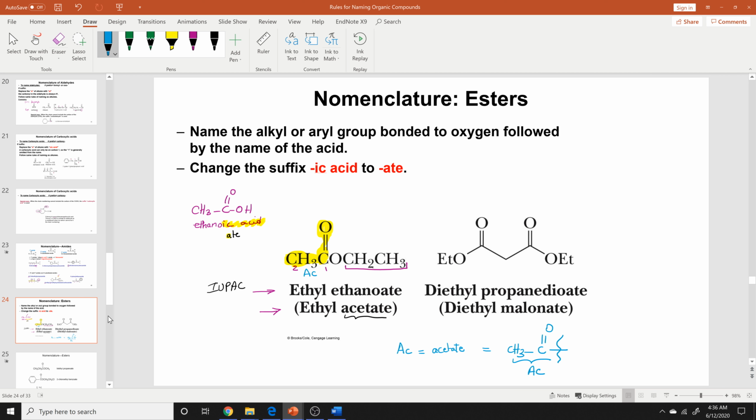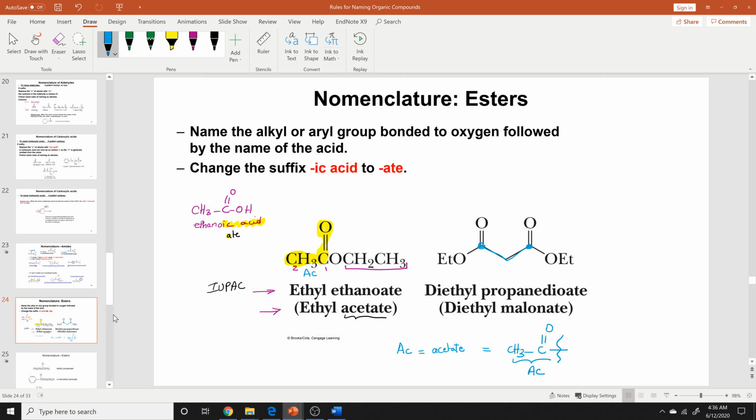Okay. If you have a diester, then we're going to go ahead and number the carbonyl part. You have 3, so that's going to be propane, it's two of them. It's going to be di, and then both esters.